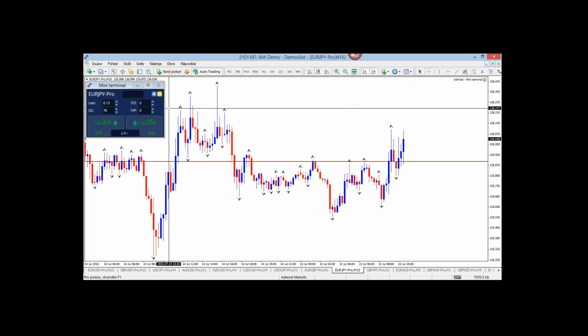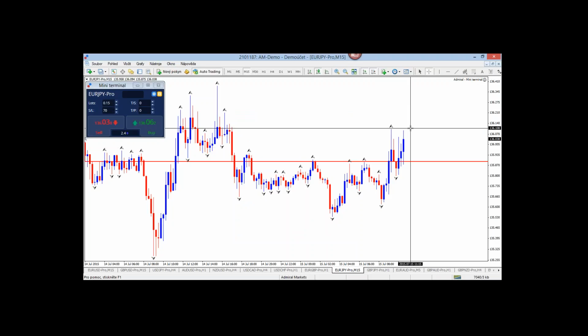Let's see, I am looking for a buy at 136.20.